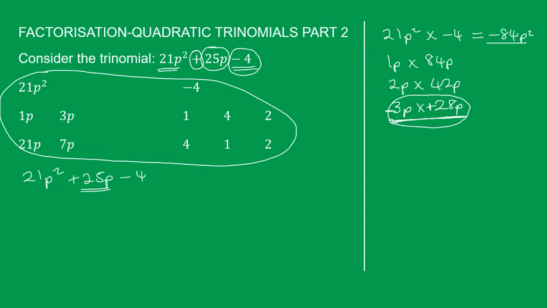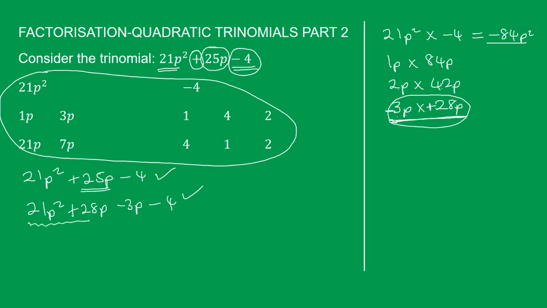Negative 3p plus 28p, or positive 28p minus 3p. So it's 21p squared plus 28p minus 3p minus 4. So this and this is still one thing, because positive 28p minus 3p is still 25p, right?